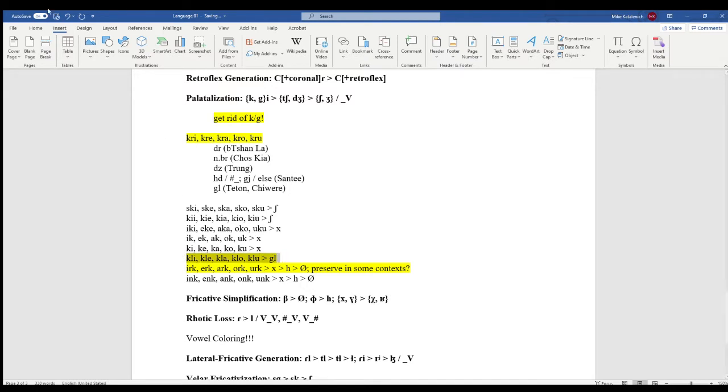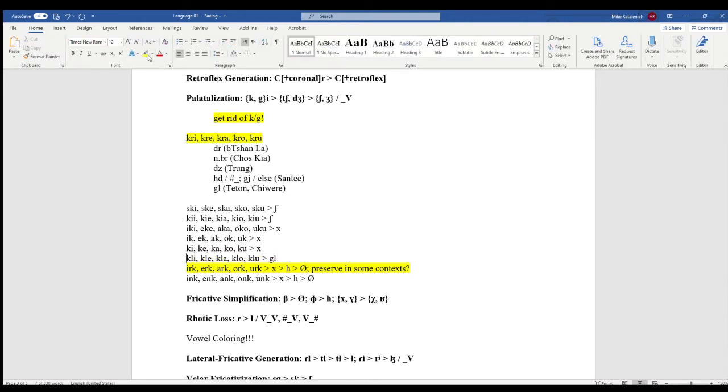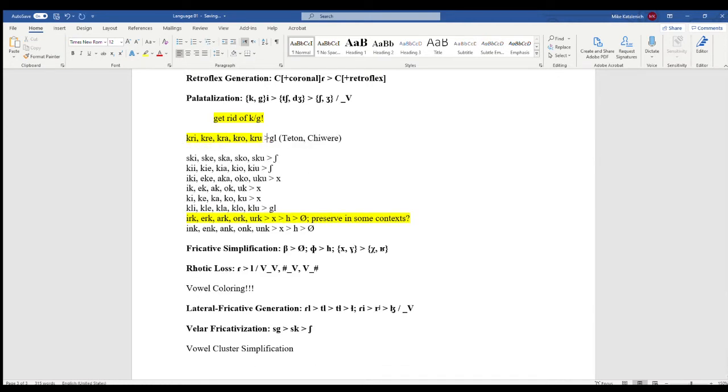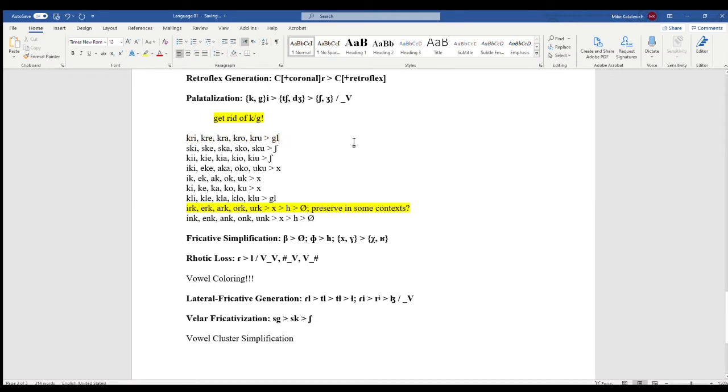And so I can undo that. I can do that. And then of course what's going to happen is that the G won't change. Then the only thing I have to do is worry about these.